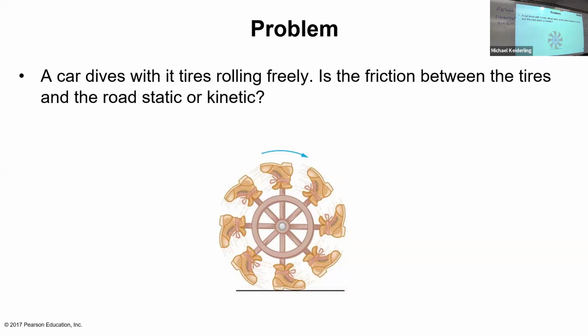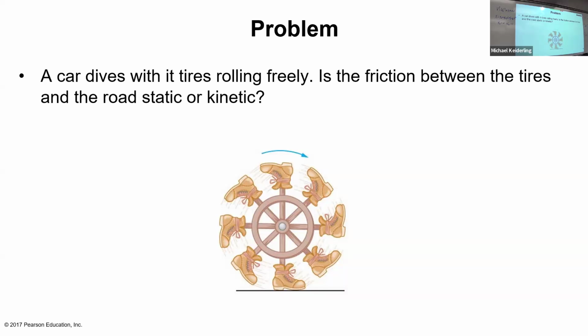Under normal circumstances, you're not doing things like burnouts. So the best idea is to think about what is happening right at the contact point between the tire and the road.